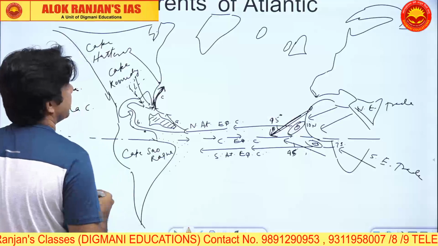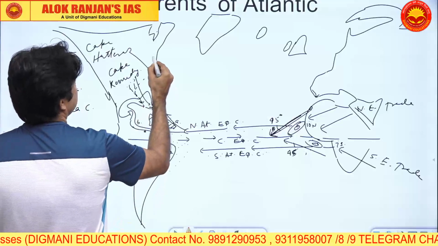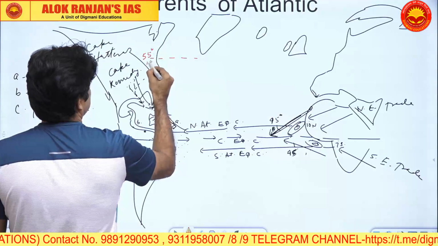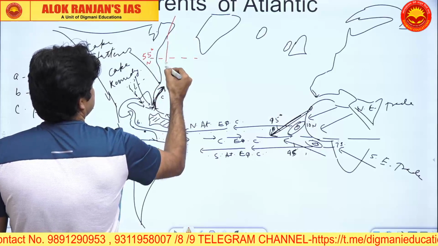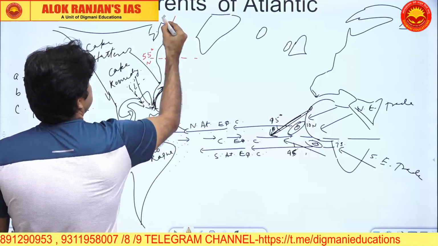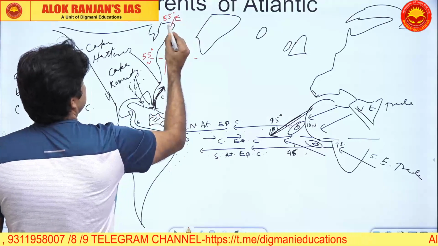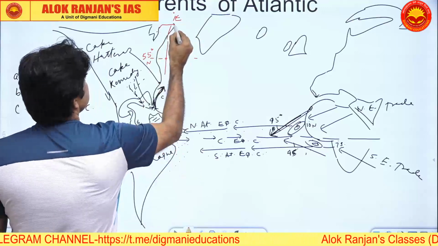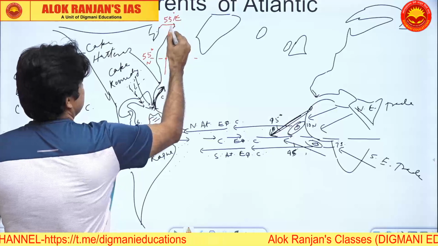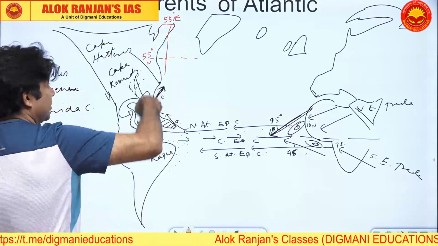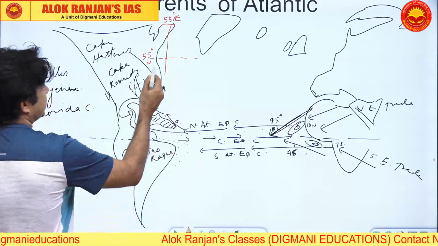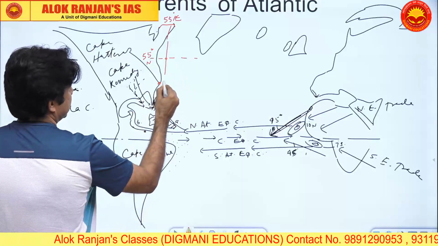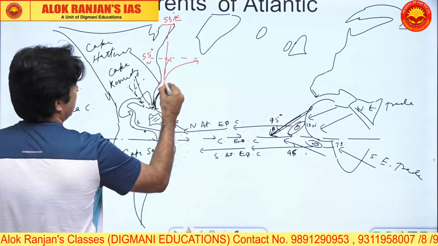And after Cape Hatteras to 55 degree, if I take this 55 degree north, and this 55 degree east, wherever the 55 degree meridian or longitude and the 55 degree north latitude are crossing each other, so from Cape Hatteras to this region, this current will be called what?